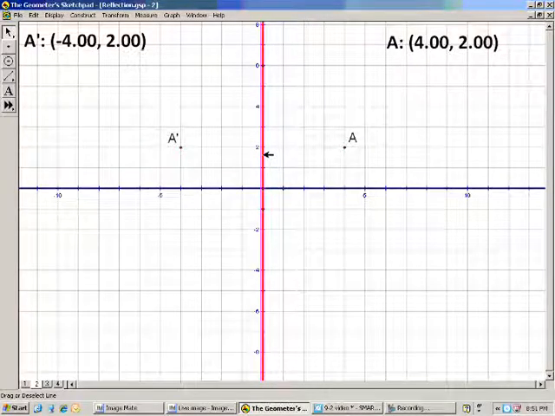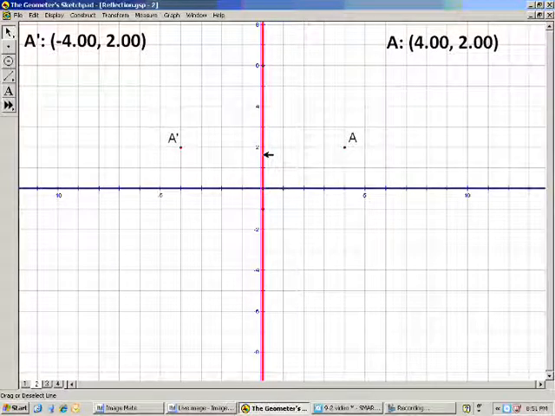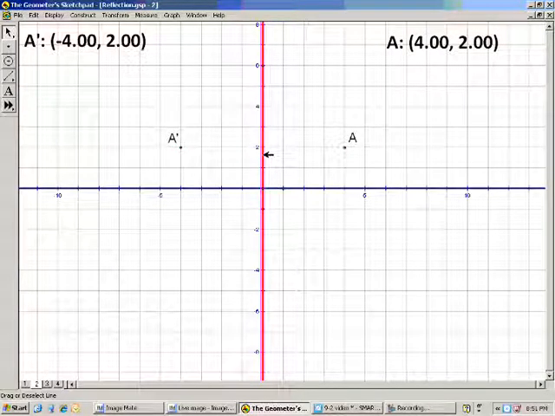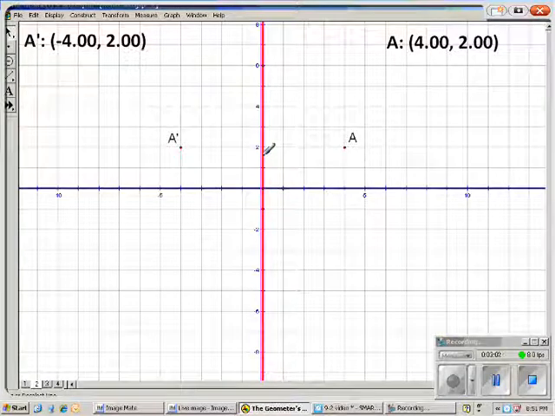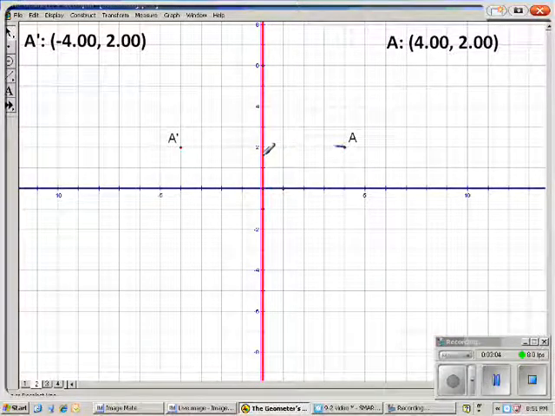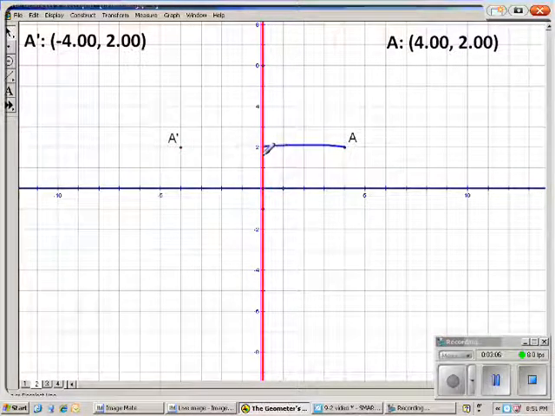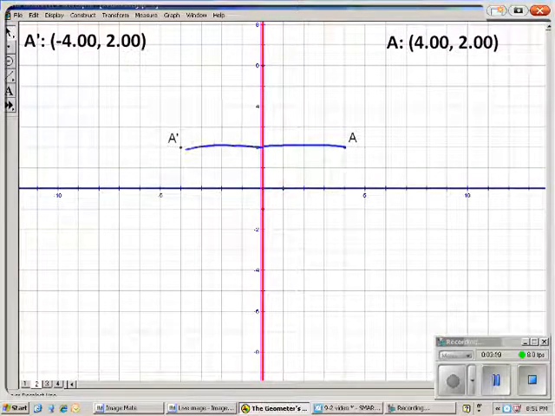Okay, now A and A prime are both graphed for us, so the point A is at 4, 2 right now, and A prime across the y-axis is negative 4, 2. Now an easy way of seeing that is that from A, we're going to go perpendicular to our line of reflection. Okay, and the distance that A is from the line of reflection is 4 units. So if I keep going 4 more units, I'm at A prime.